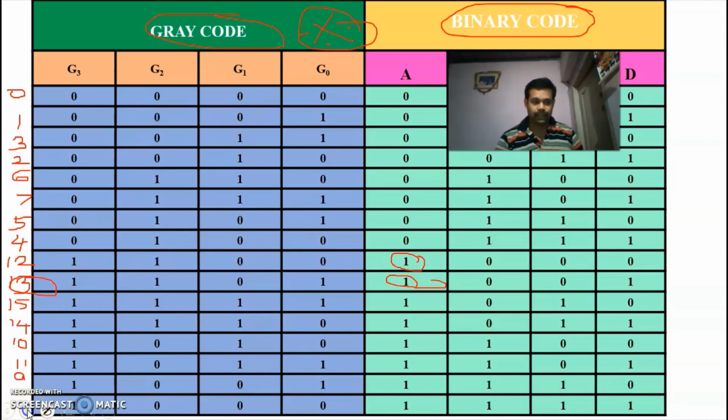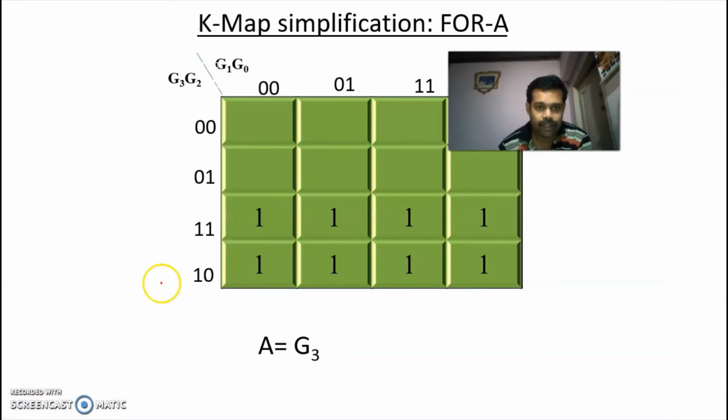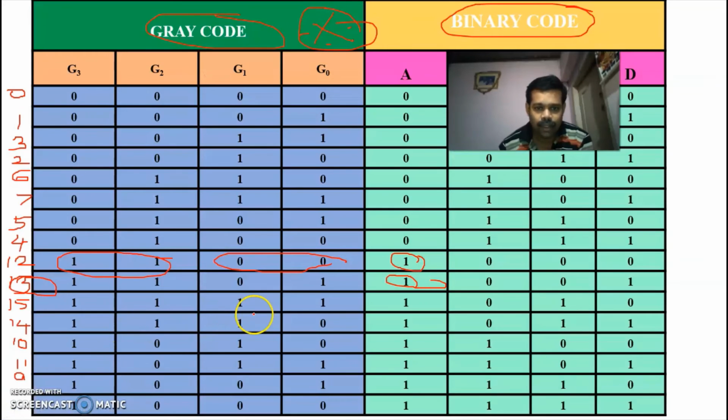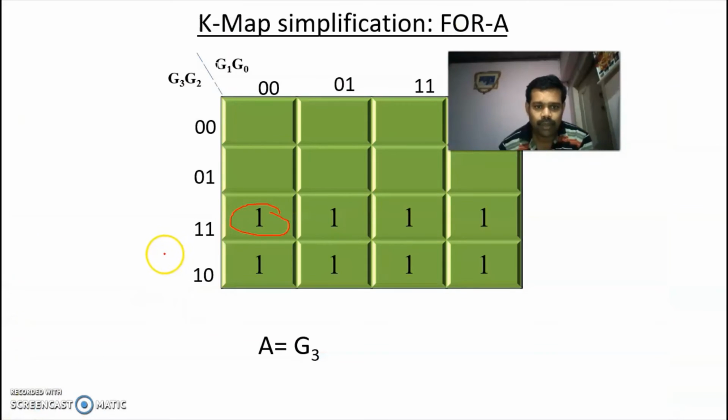The next one I will tell. Or it is better to plot like this. If you plot like this, no problem will happen. For 1 1 0 0, you plot 1. No problem will come. Similarly for the next one, 1 1 0 1; if you plot like this, no problem.